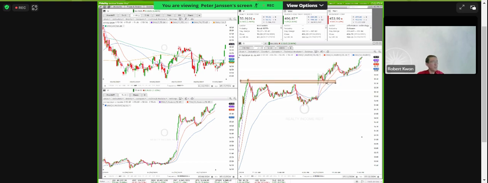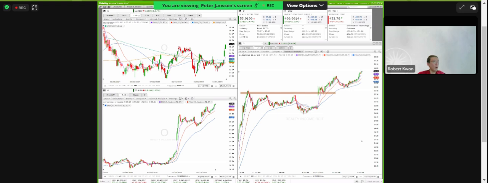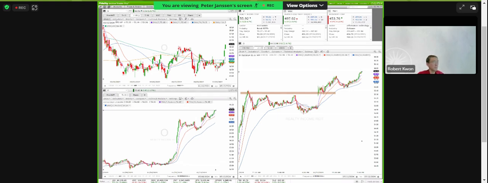Now, are we at some significant resistance? It looks like it's trying to push past some resistance. Doesn't mean it's going to make it. So I'm looking at multiple timeframes to see, is it winning the battle on all fronts? And I don't want it to lose the battle that I just identified on any time frame.